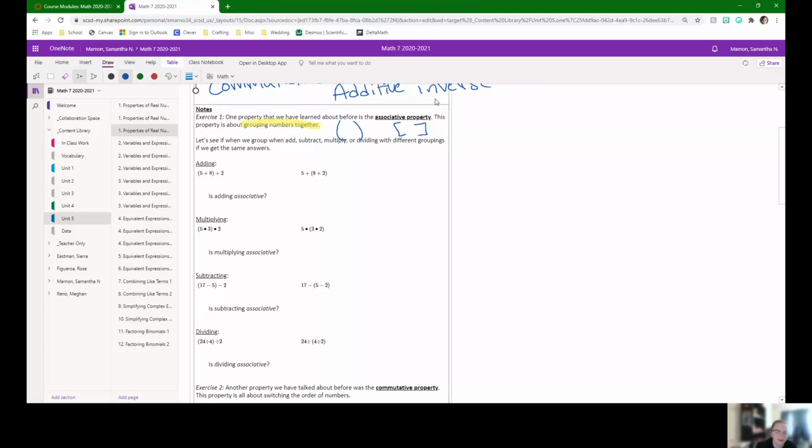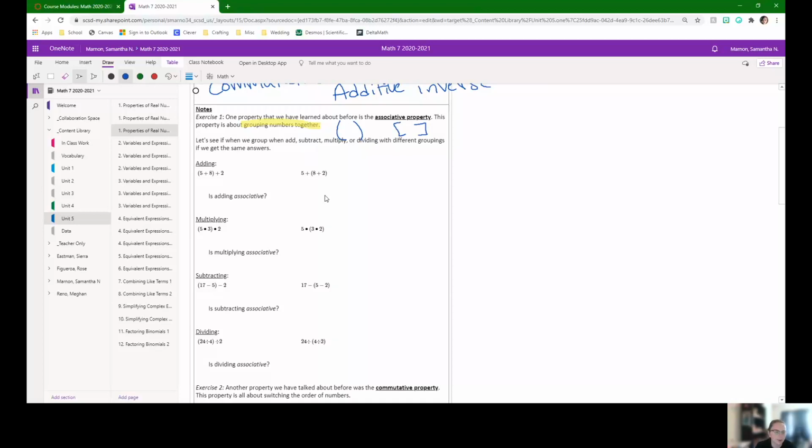So we're going to stick to parentheses and brackets for associative property. Let's see if when we add, subtract, multiply, or divide with different groupings, we get the same answers. Look at this adding one. It's all adding, so it's just 3 numbers added together. The first one wants us to do the 5 plus 8 first, and the second one wants us to do the 8 plus 2 first.